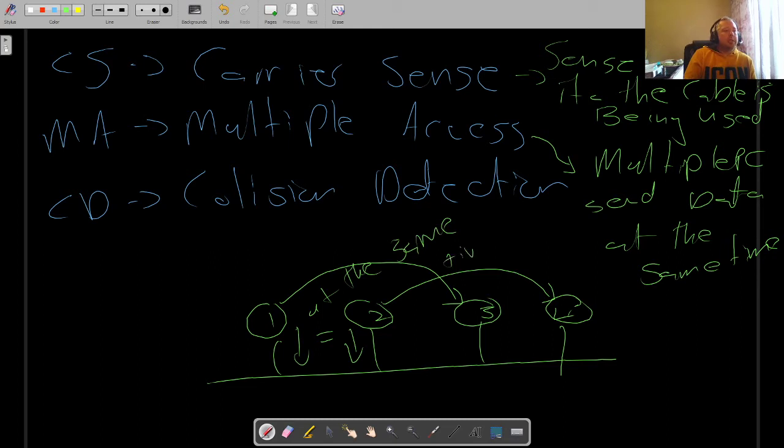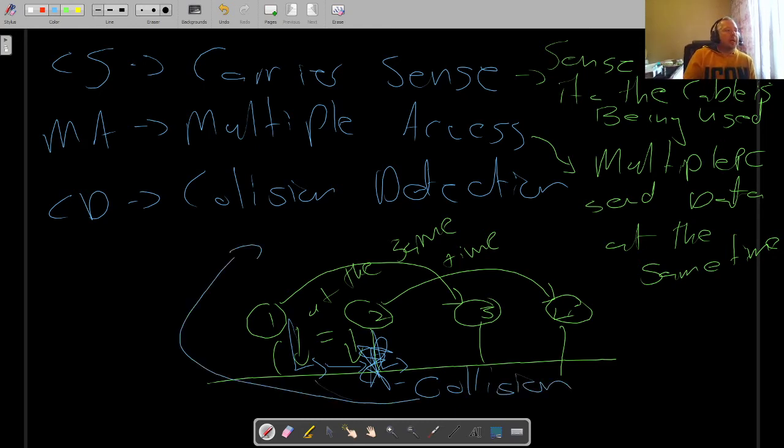Because they're sending data at the same time, they won't detect that anybody else is sending data, because nobody else is sending data at that point in time. They're doing it at the exact same time. So what will happen if we have two pieces of data traveling down the wire? We have what we call a collision. And that's where the last part then comes in.